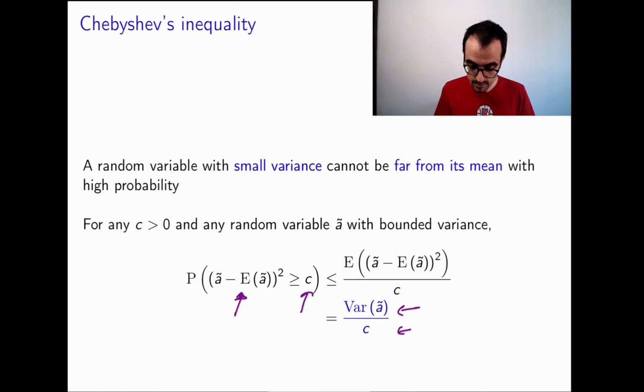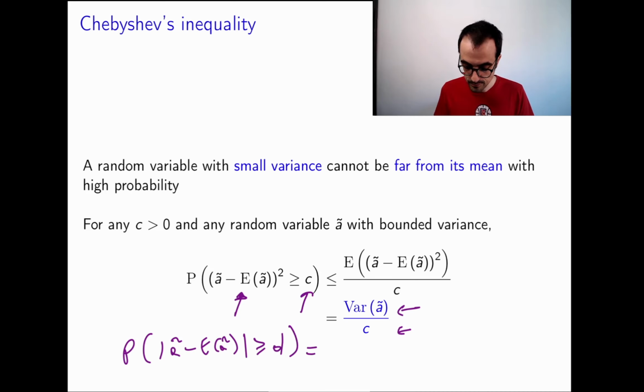Imagine that you wanted to bound the absolute value deviation by a certain amount d. Then this would just be equal to the probability that the square deviates by d squared, right? Because we're going to often apply it like this.